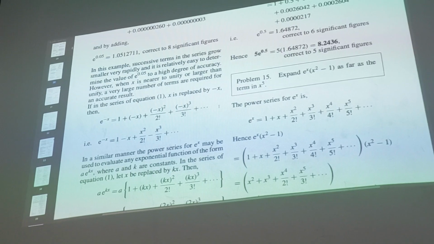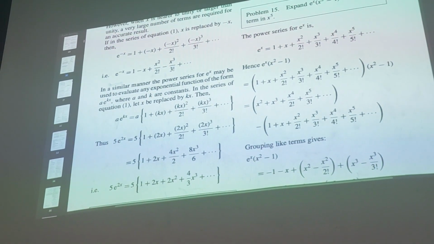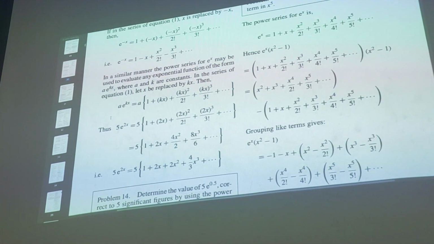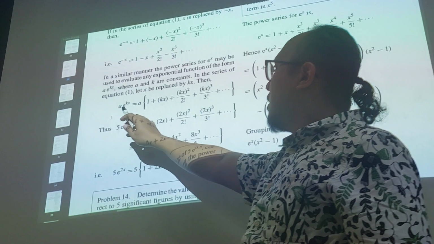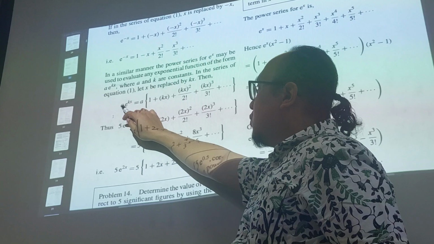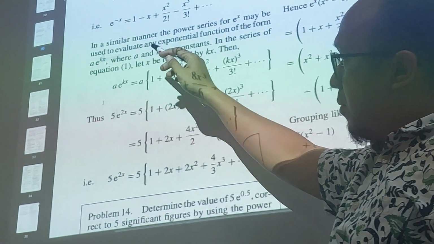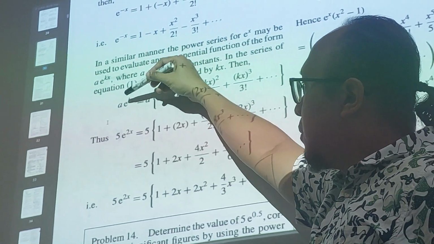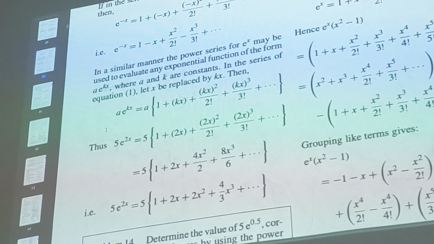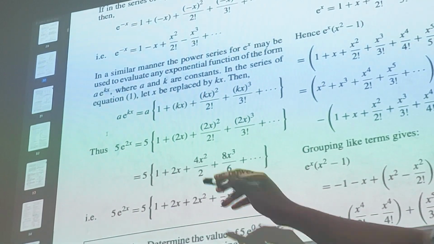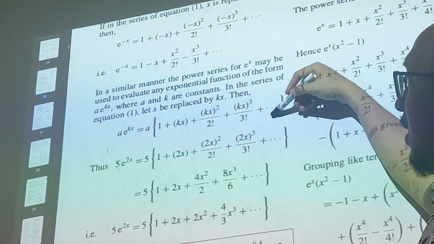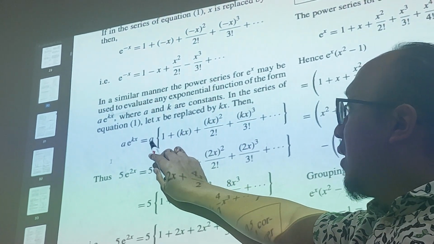And in the same manner, if you have a constant, for example a constant a multiplied by e to the power of kx, where k is also a constant and x is the variable, you can write the basic function of e to the power multiplied by a.